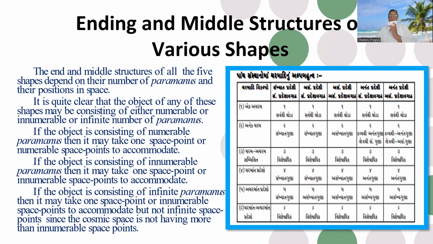Therefore, these objects should accommodate themselves in those innumerable space points only, though they may consist of innumerable atoms. Now we would see that there may be some structures which are accommodated in more space points and have more atoms than one or two.